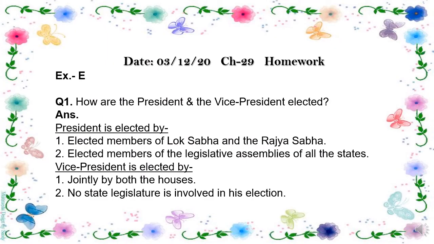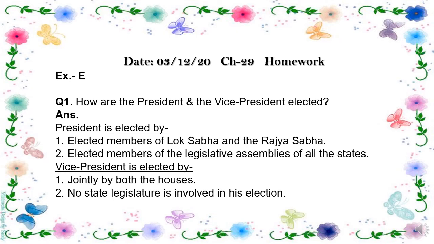Now in your homework, you have to do question number 1, 3 and 5 of exercise E. So the question number 1 is, how are the President and the Vice President elected?